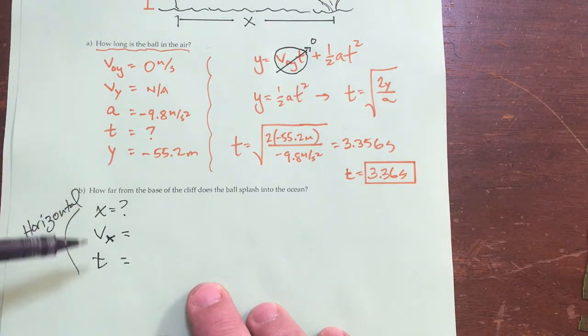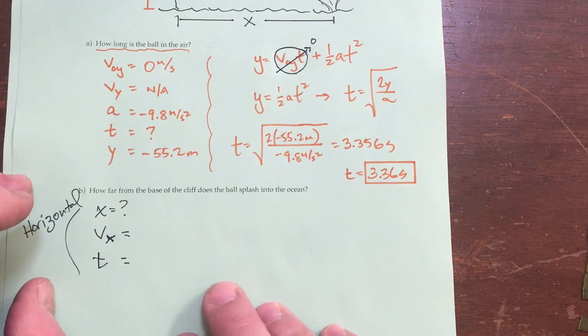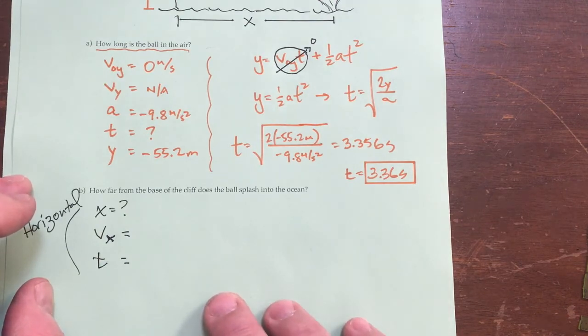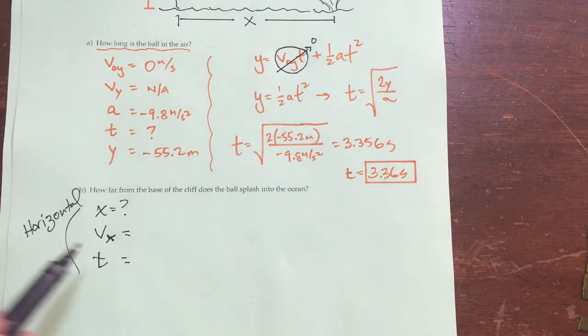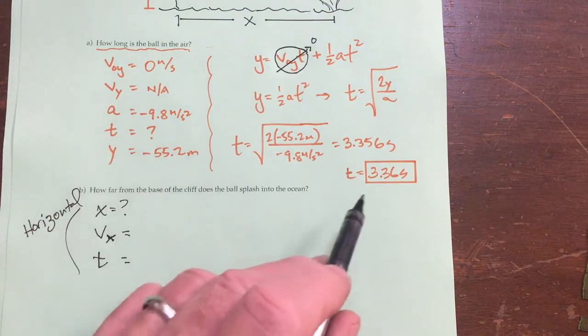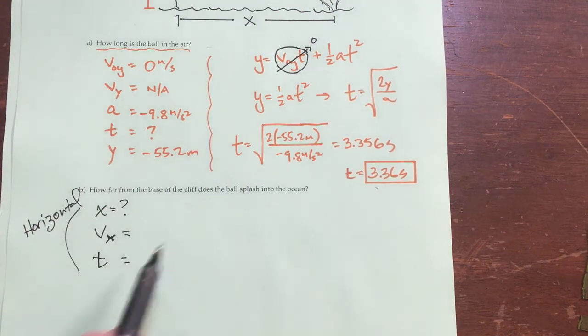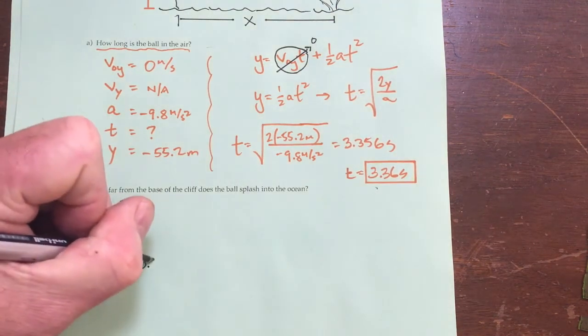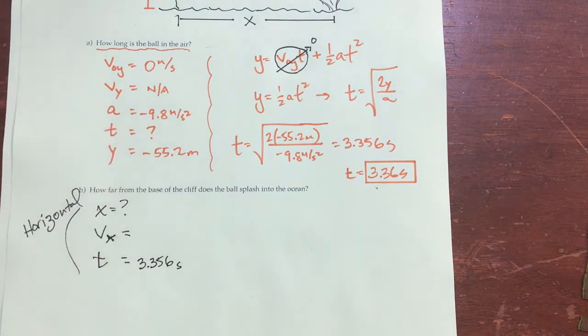This time and this time are the same time. You'll often find with any problem that involves 2 dimensions that time is the key. Sometimes you use horizontal lists to find time and then go to the vertical. Sometimes you go to the vertical and find time and take that time to the horizontal and use it.